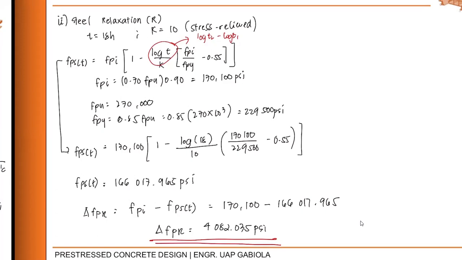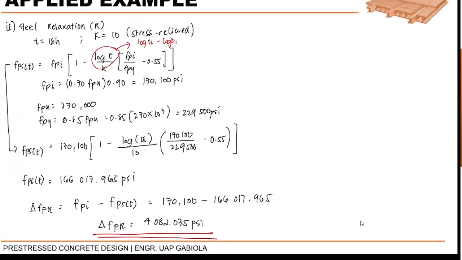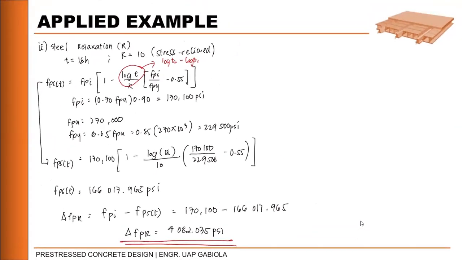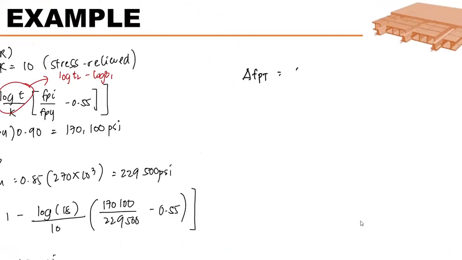Okay? And then to get our total loss for our first stage, it equals the loss due to elastic shortening plus the loss due to relaxation.